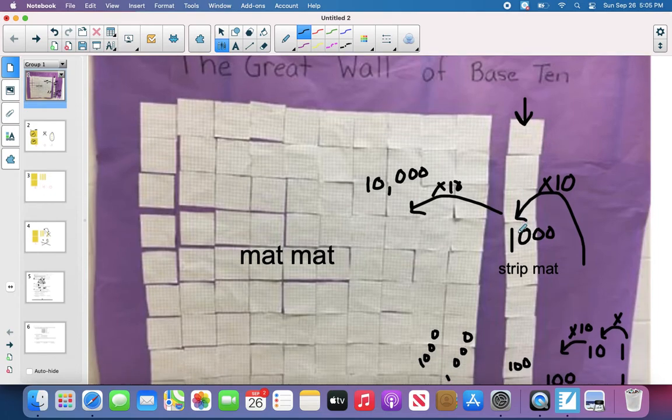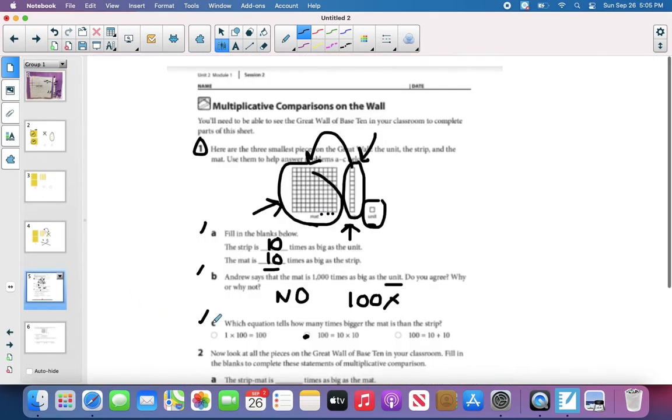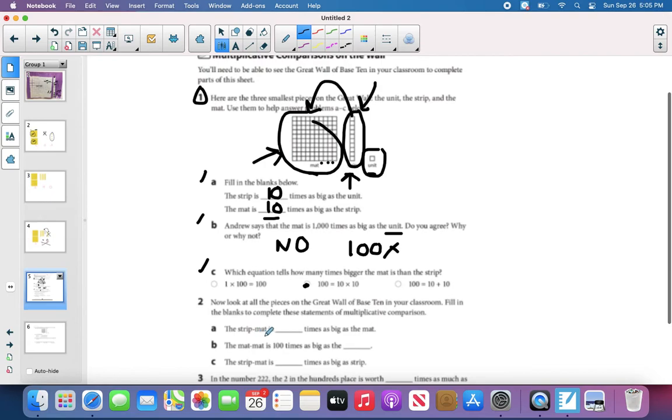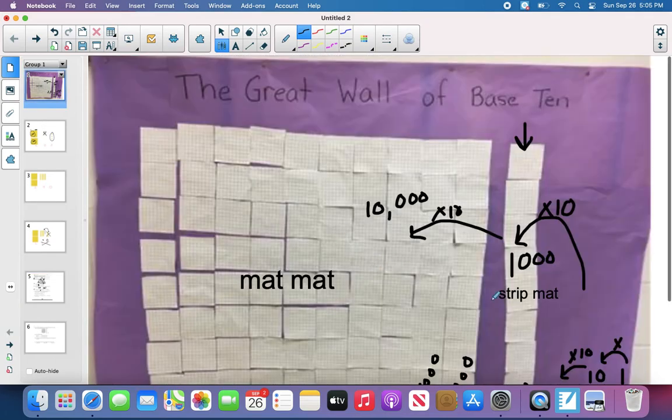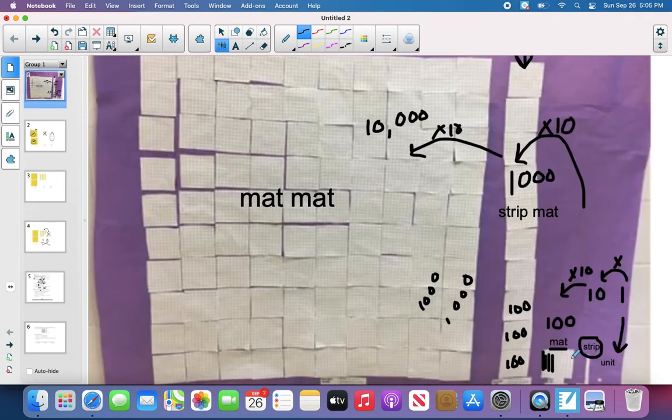It's worth 1,000. So think about that. The strip mat is blank times as big as the mat. So a mat is just one of these. So how many mats to get to a strip mat?